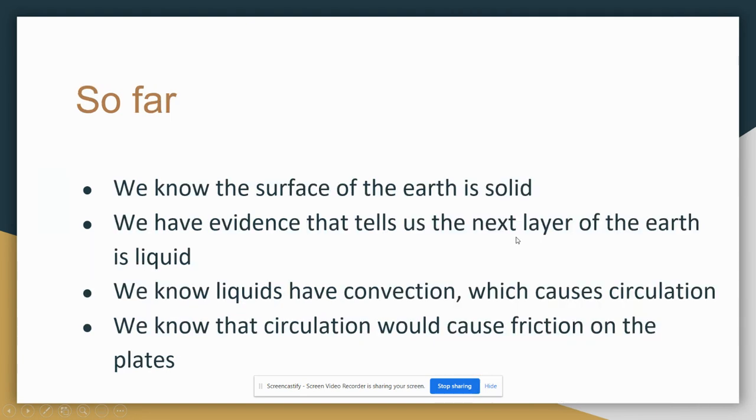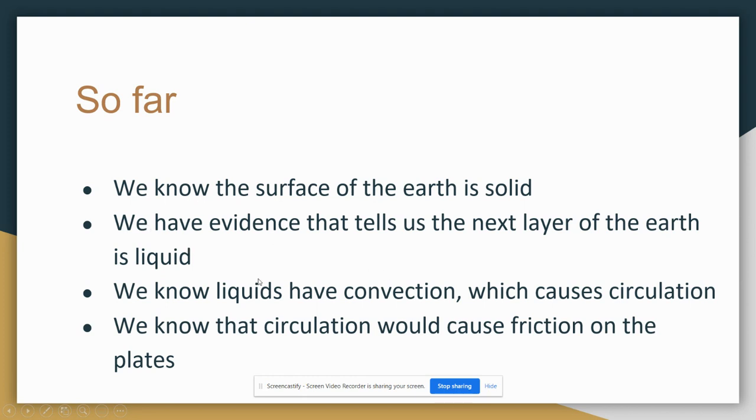So far, we know that the surface of the Earth is solid, because we can look around us and make observations. We can see it in person. And then we have evidence that the next layer of Earth is liquid, the mantle. That's because when things come out of the mantle, they are liquid.